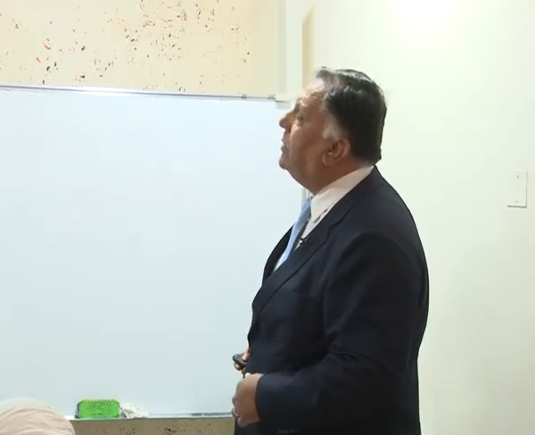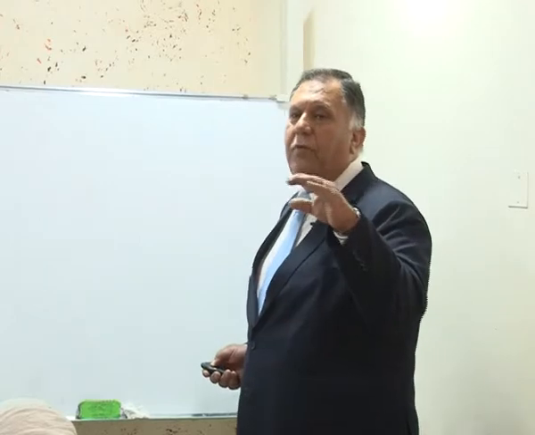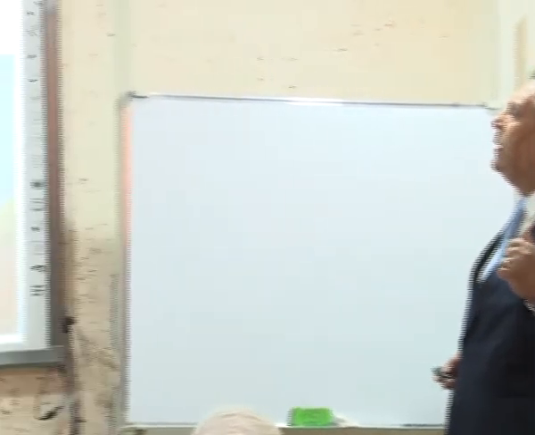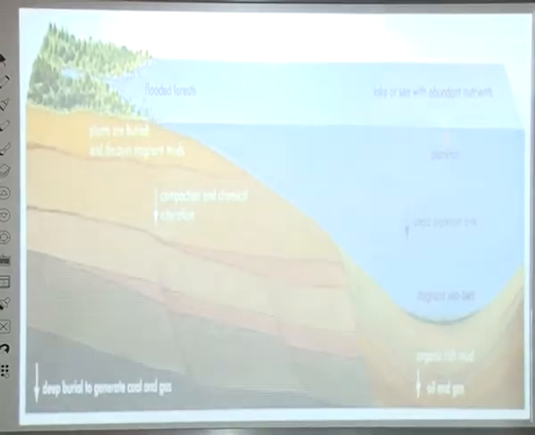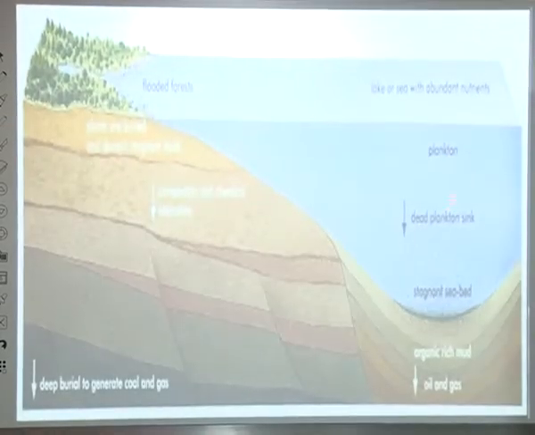As you see, plankton means the floating sea creatures nearby the surface, responsible for photosynthesis. When they die, they accumulate at the bottom of the sea.